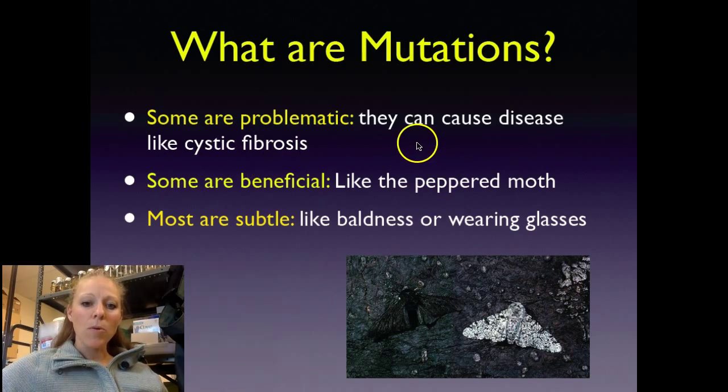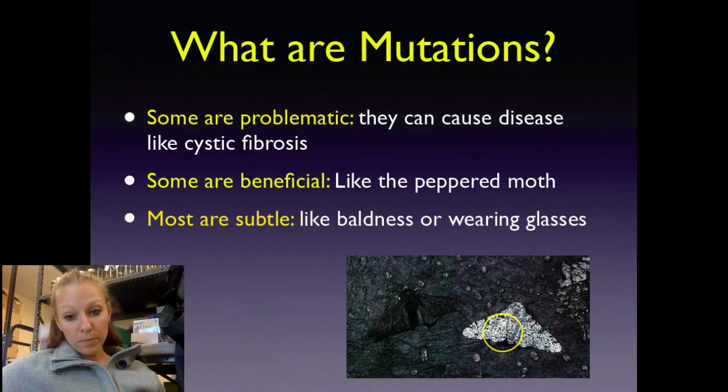So the ones that are problematic can cause diseases like cystic fibrosis, cancers, or sickle cell anemia, which we'll look at in an activity later on. Some can be beneficial. If you look at the peppered moth right here, the peppered moth was originally white, and then during the Industrial Revolution, soot was deposited on trees, and so the trees turned black.